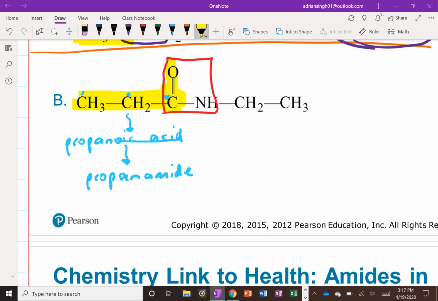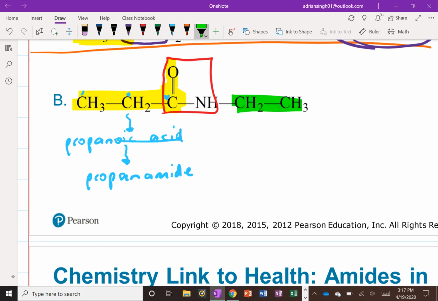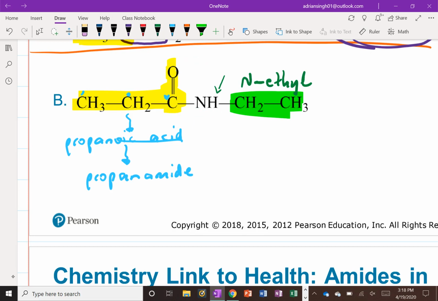And then on the other side of it, if you notice here, we have also attached to that nitrogen, we have an ethyl group. All right, so that would be an N-ethyl. Even though it's drawn in a condensed form, it looks like an H here that's bonded to two different things. Remember, that H is actually attached there, and then you have your ethyl group attached on the other side.